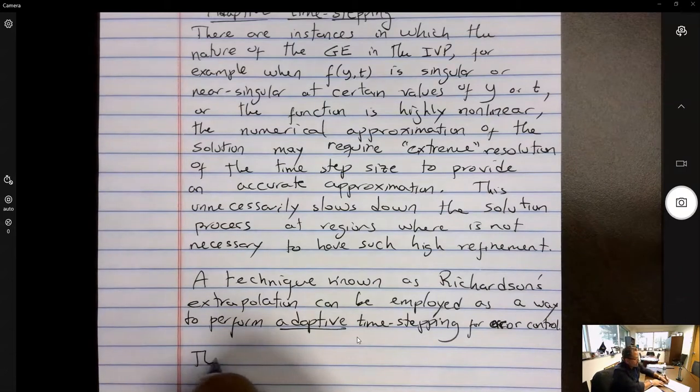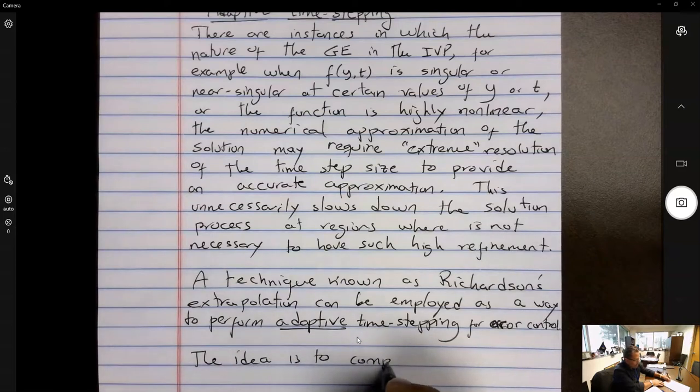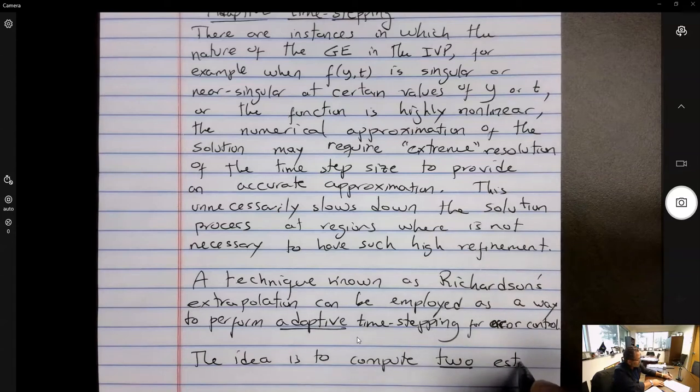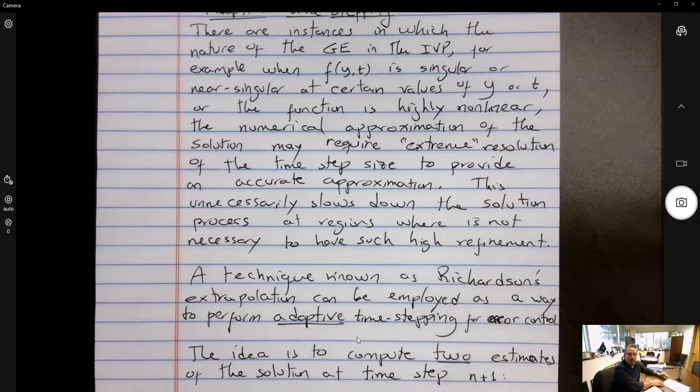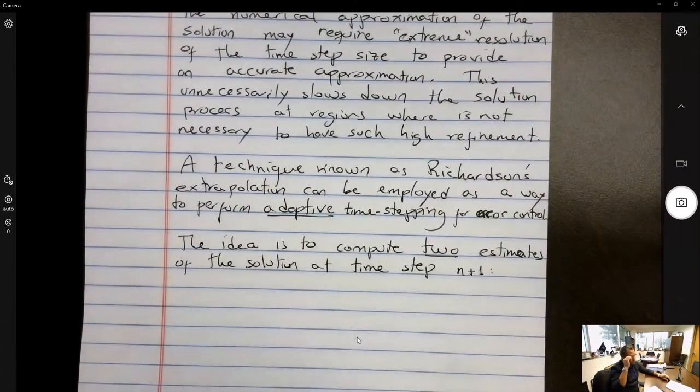So again, the idea here is to compute two estimates of the solution at time step n+1. So we're going to compute two estimates of the solution at the next time level.